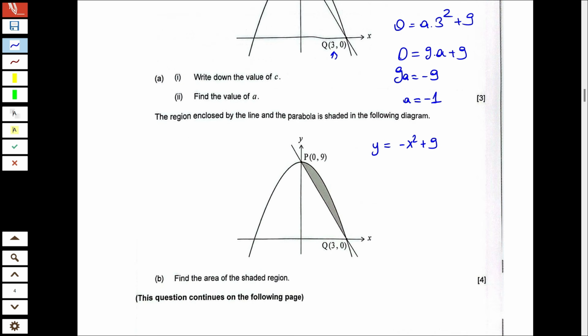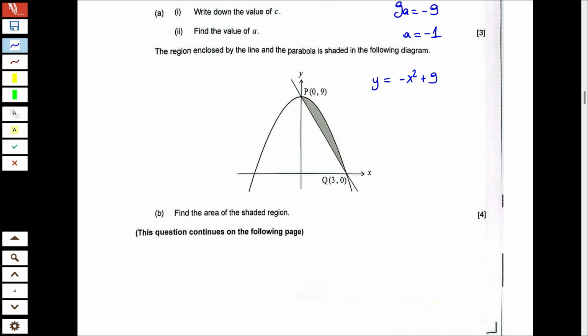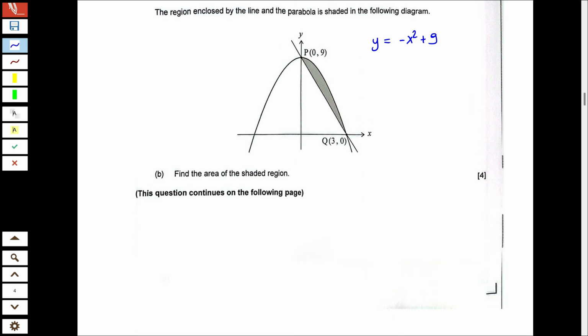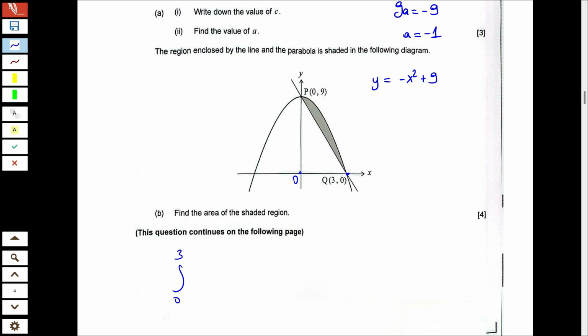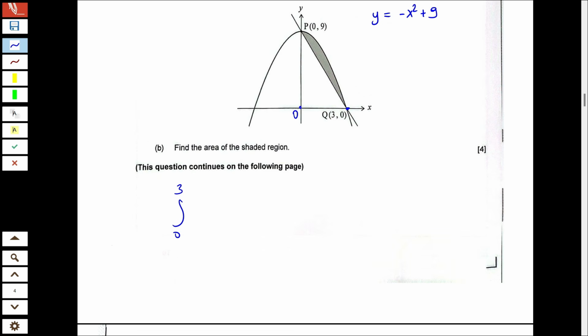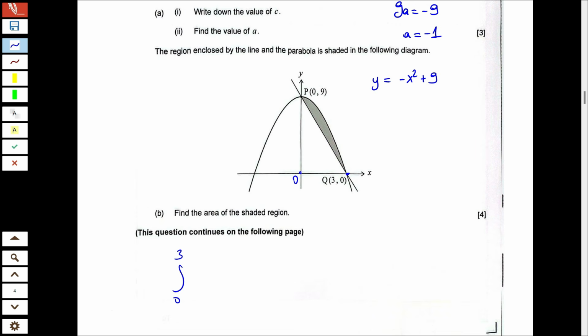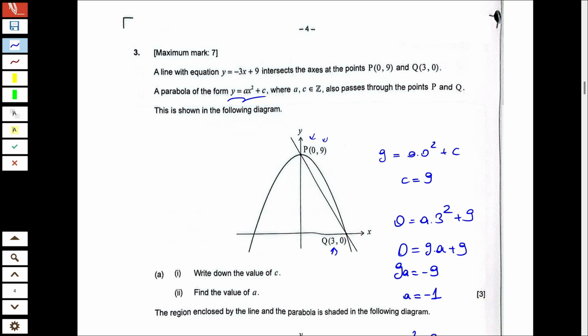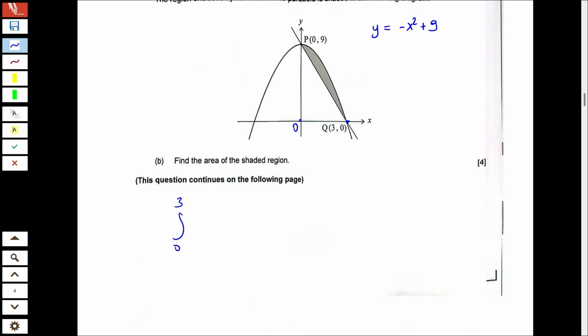Okay, find the area of the shaded region. So we're going to apply the integral. It's going from 0 to 3. And I know that the graph of the parabola is above the line, so we will subtract the line expression from the parabola expression.